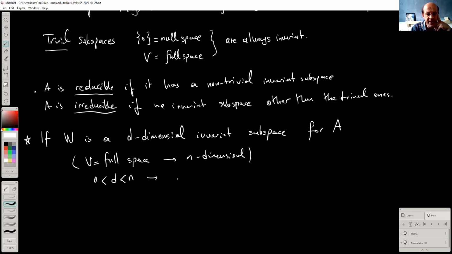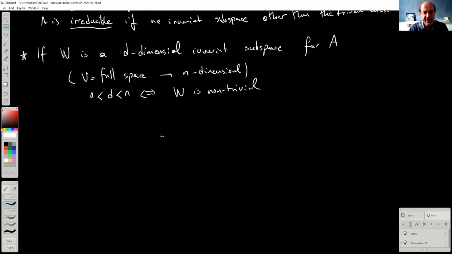That's the same thing as saying that W is non-trivial. The trivial subspace, the null space, has 0 dimensions. There's only one such subspace. And the full space has n dimensions. So any non-trivial invariant subspace has a dimension between these two extremes.